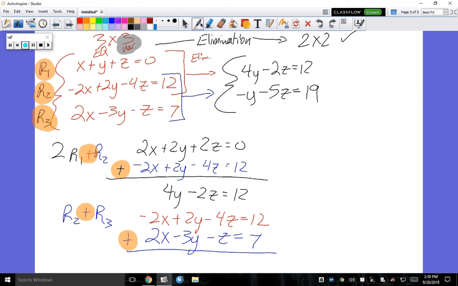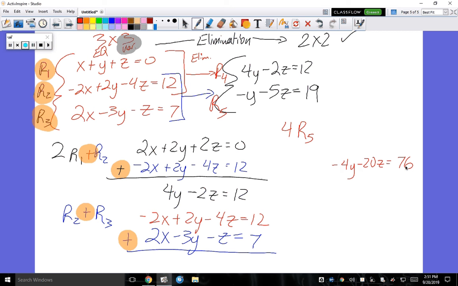So here we go. Let's label these row 4 and row 5, as long as we keep track of it. Okay? So the bottom one will be multiplied by 4. So row 5 is multiplied by 4, so that I get negative 4y minus 20z is equal to 76.